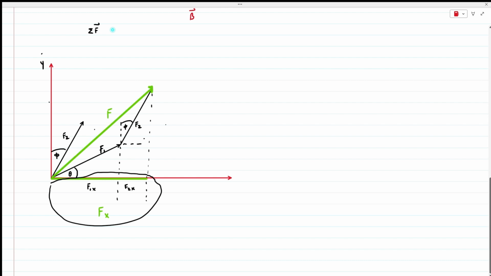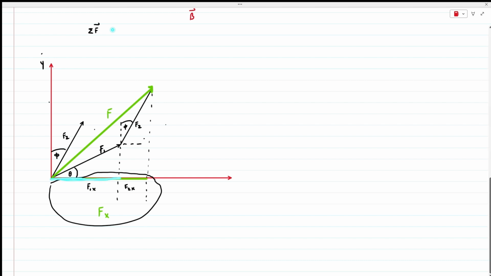All we would do is use that parallelogram rule of vector addition, where we place F2 on the head of F1, and instead of using the sine and cosine rule, we're going to use this idea of projection. We have our flashlight above, and we're going to find the component of F1 pointing in the x direction by taking its dot product with the unit vector pointing in the x direction, which is i hat.